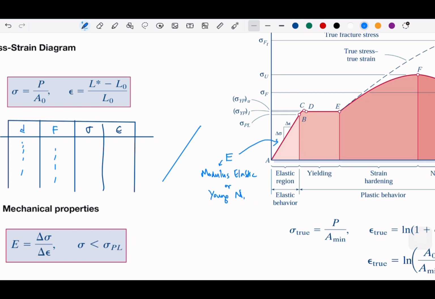Okay, now let me get this straight. So what is elastic? I didn't bring any material now. I should bring something to demonstrate. But imagine you have a metal ruler.